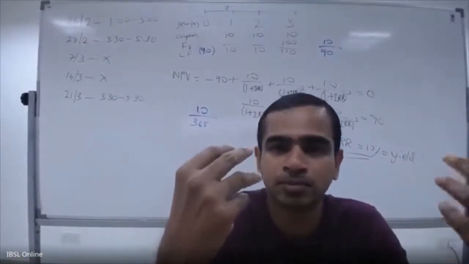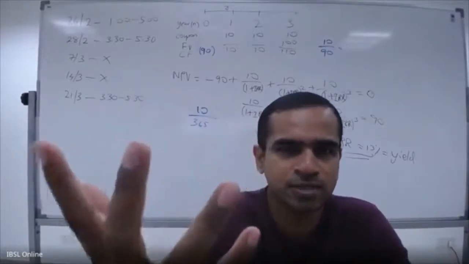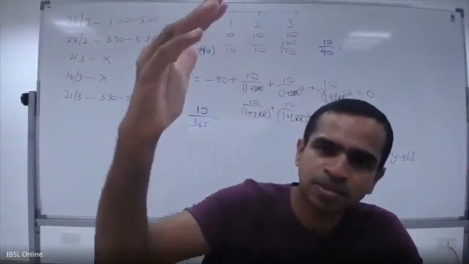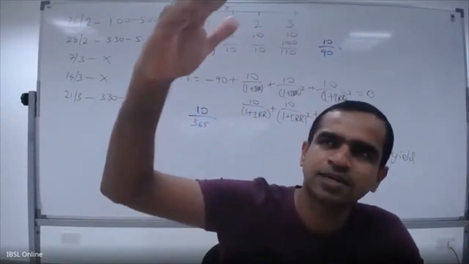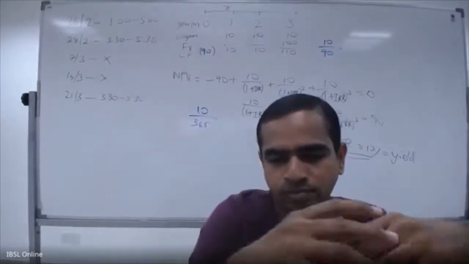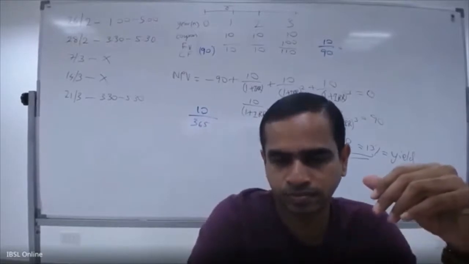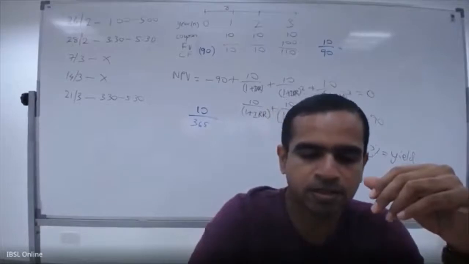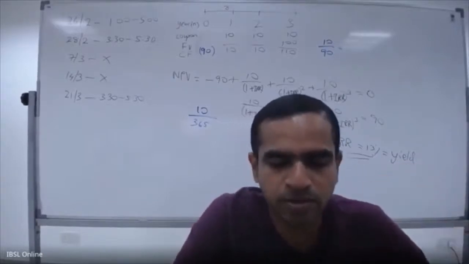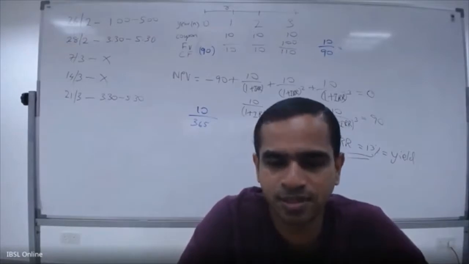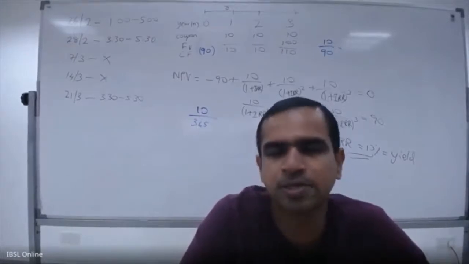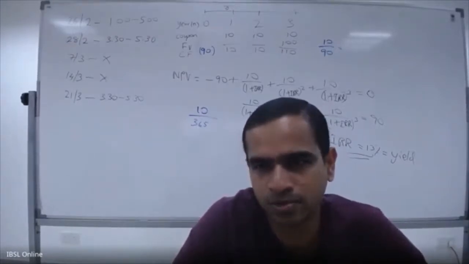But if it's a puttable bond, it benefits the investor, because if interest rates are moving up, the investor will want to sell this bond that was purchased at a low yield and reinvest at a higher yield. Right. So remember, puttable bonds will trade at a premium, callable bonds will trade at a discount. Okay, we will get back to that later. I will explain why once we do bonds.